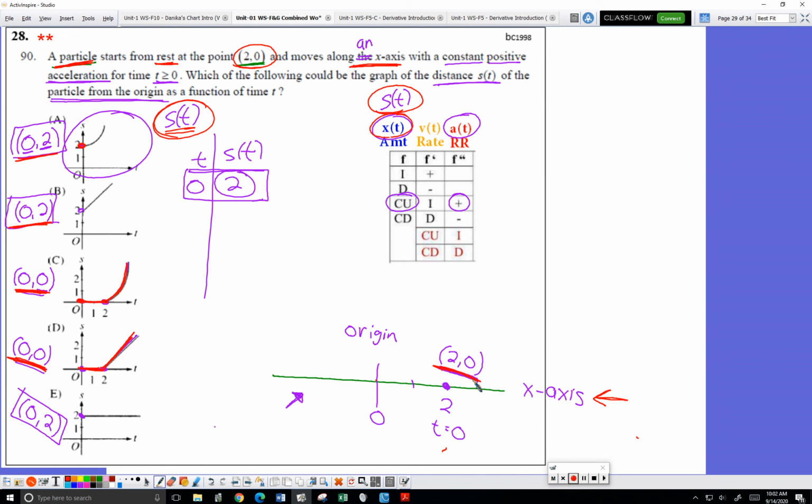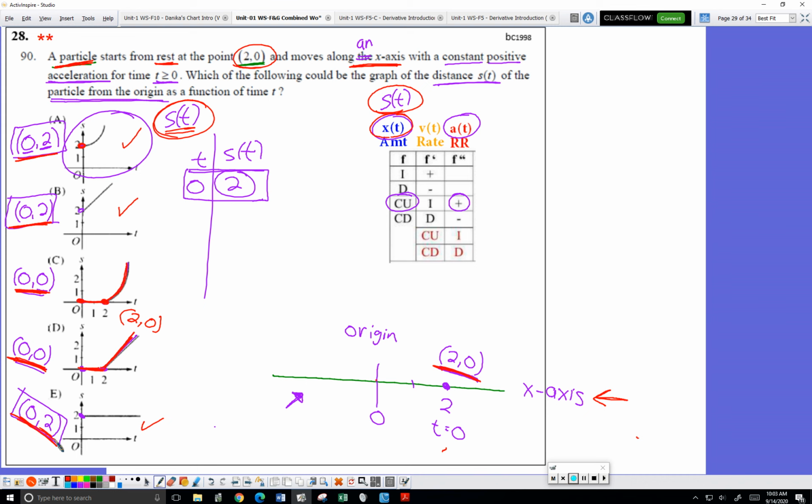It doesn't say the particle starts at the point (2, 0) on this graph. The particle is not here. These are numbers telling me about the particle. The particle's over here. So I know it's one of these three, because they're at least telling me the particle is starting at time 0 at location 2.